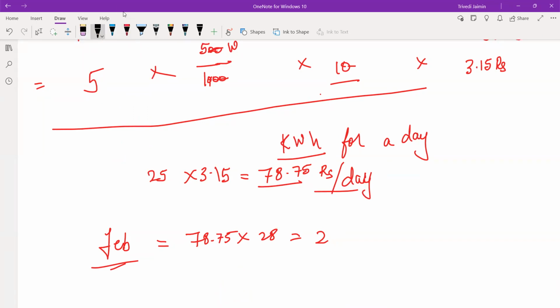Did you use same values or you used your values? Sir, my values. So what are your values? What is the cost for a day? 94.5, for 12 hours of usage, right? That's right.